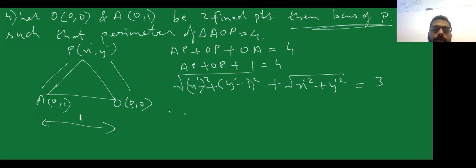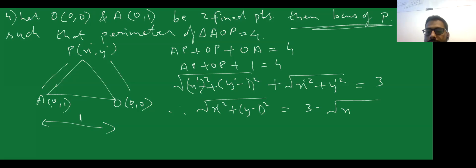So the question was very easy, just simplification would be a bit longer. If you simplify this, x' square plus (y minus 1) the whole square is equal to 3 minus, take this to the other side, the square root of x' square plus y' square, then square on both sides.